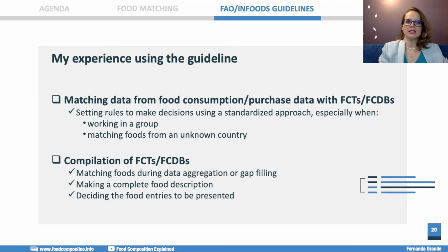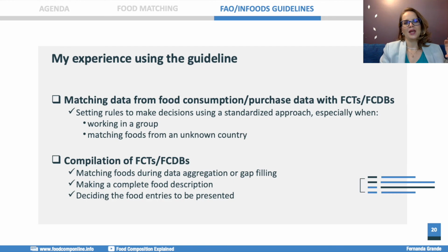But the guidelines are also very useful during the compilation of food composition tables and databases, and it helped me on matching the foods during the data aggregation. So when we have a lot of data compiled from different data sources, we can choose the foods that we are going to put together and create an average value. But it's also important when we are filling the data gaps.